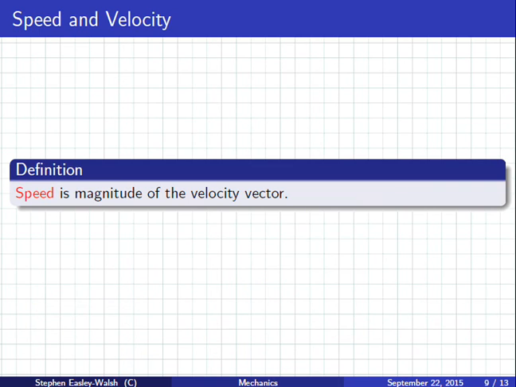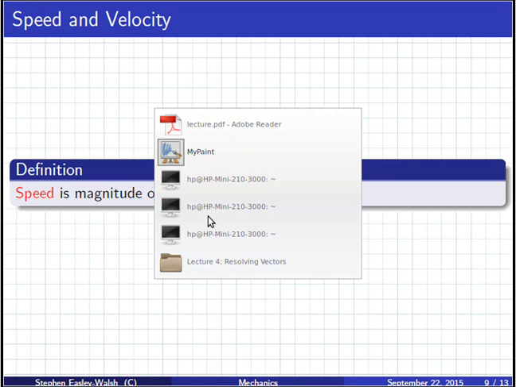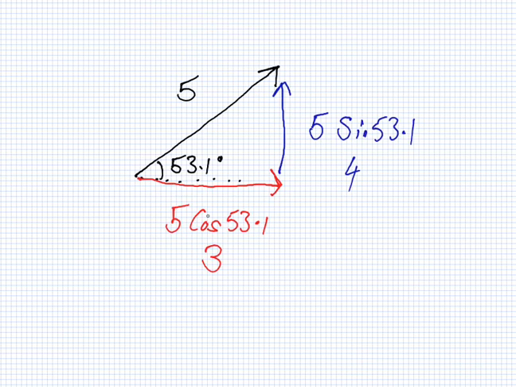I haven't actually said this yet, but I think it's a good point now to say it. If you know what the velocity is, you can know what the speed is, because the speed is the magnitude of the velocity. So let's say this is a velocity vector.